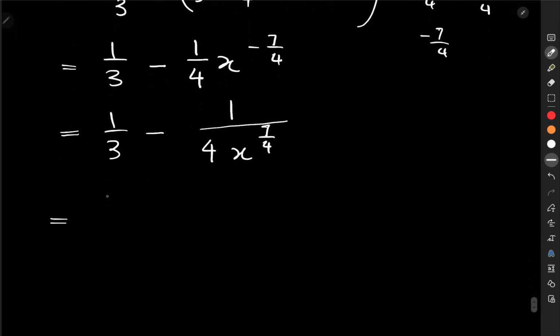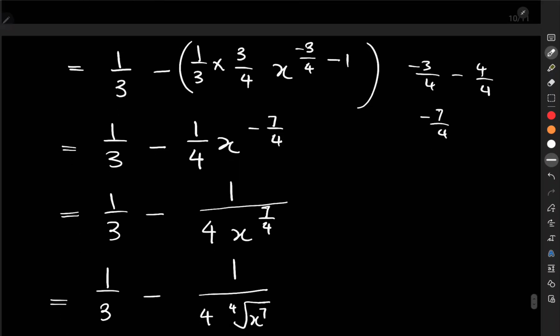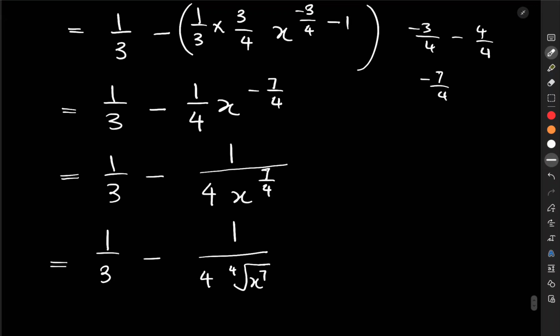And the last step here would be us saying 1 over 3 minus 1 over 4 times the fourth root of x to the power of 7. So that looked very complicated.